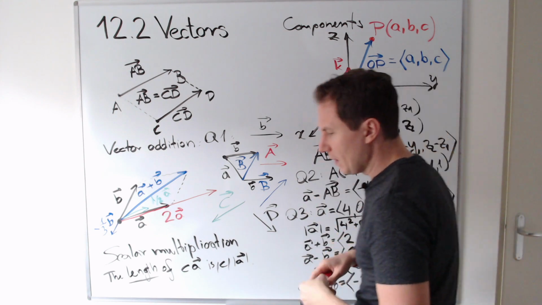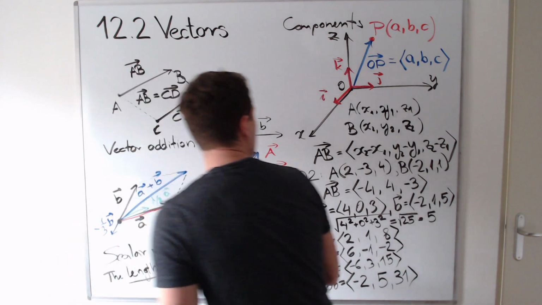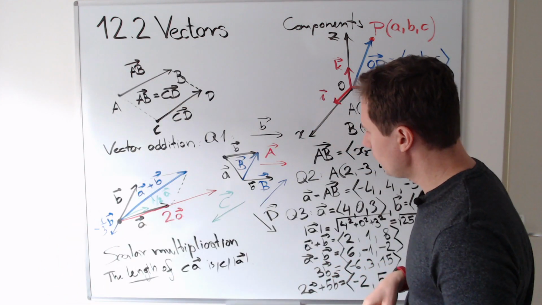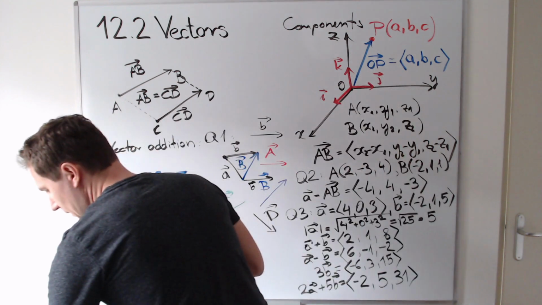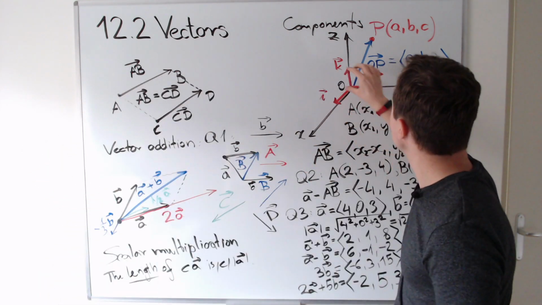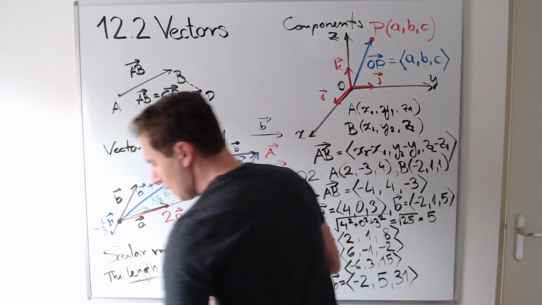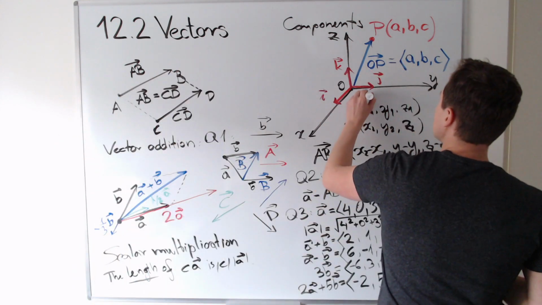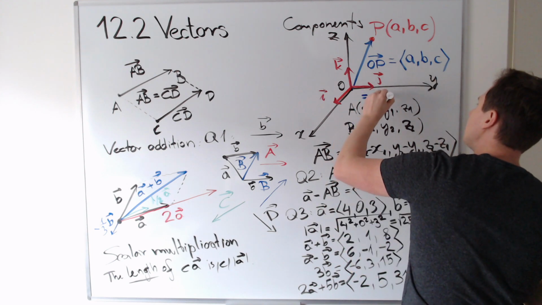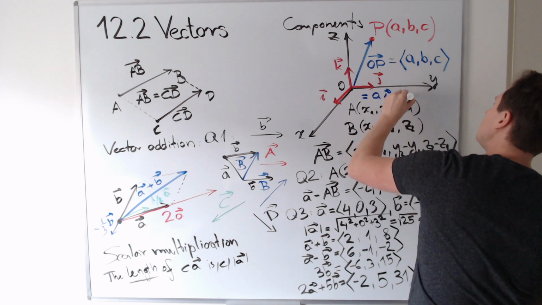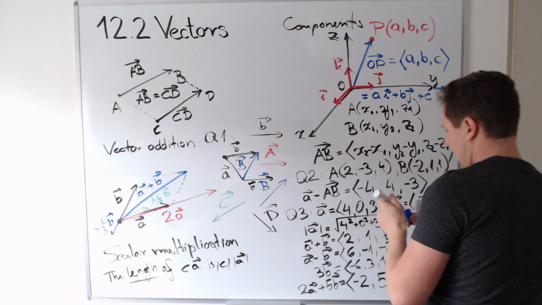With these we can actually express any vector. So a vector with 3 components can be expressed as a linear combination of these 3 vectors. For example, this vector OP with components a, b, and c can be expressed as a times i plus b times j plus c times k. Okay?